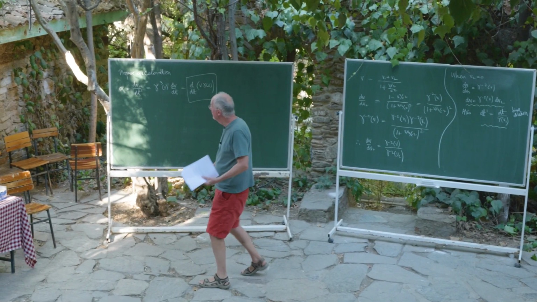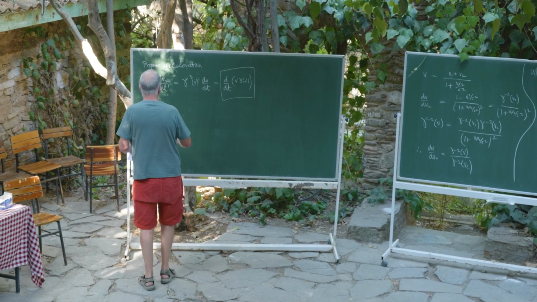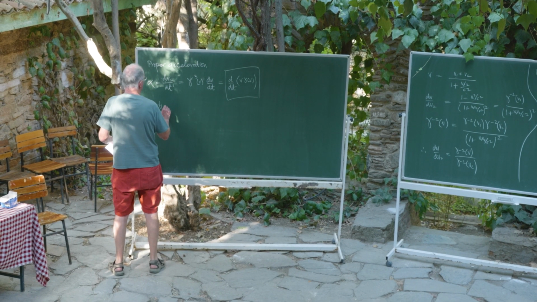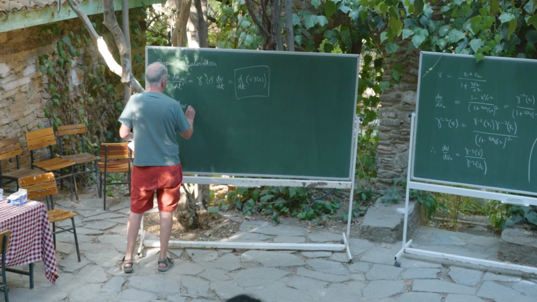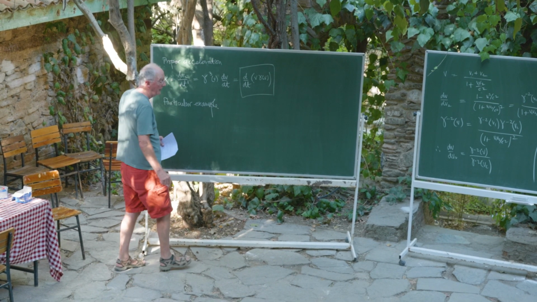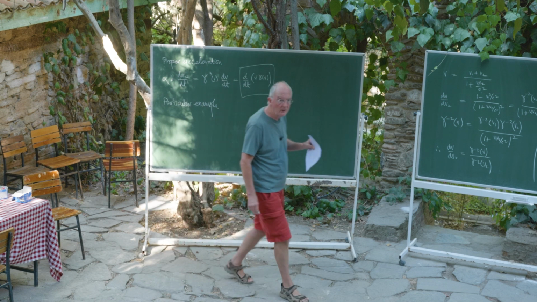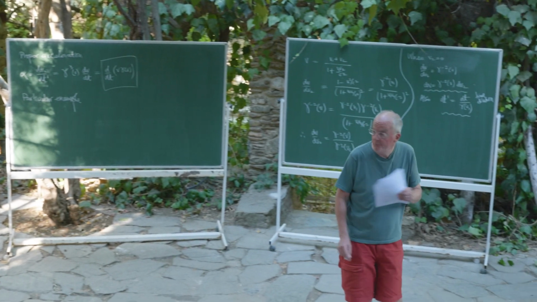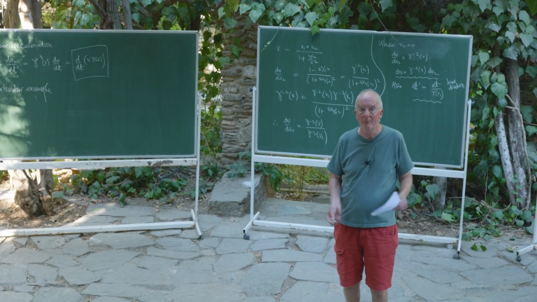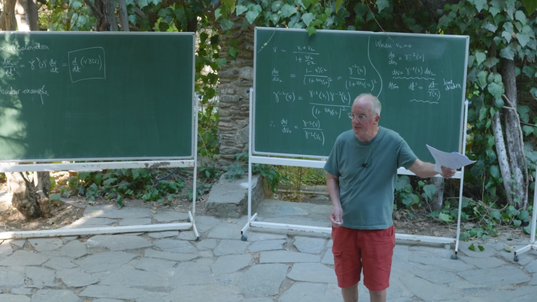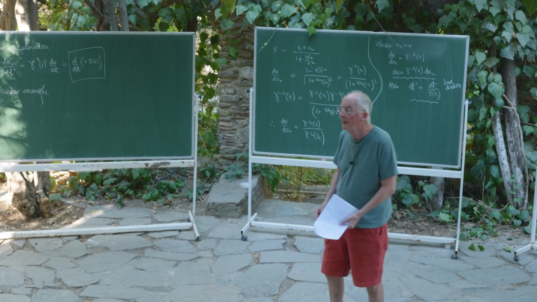So now we're going to look at a special example, a particular example. There's no reason why the proper acceleration has to be constant. So alpha could, in general, vary. A particle might have some acceleration at some time and then a different acceleration at some other time, of course.